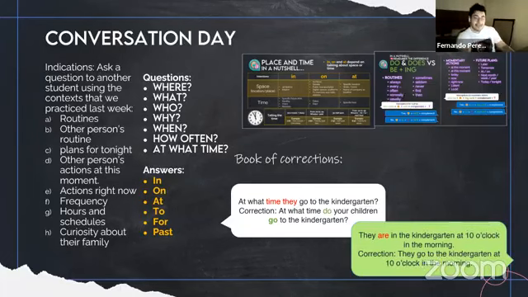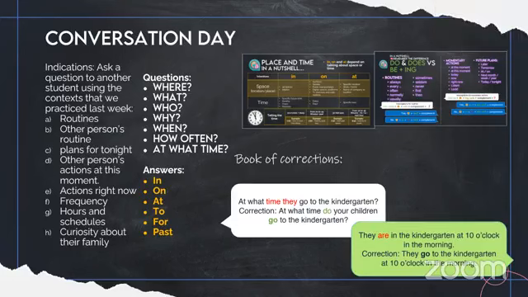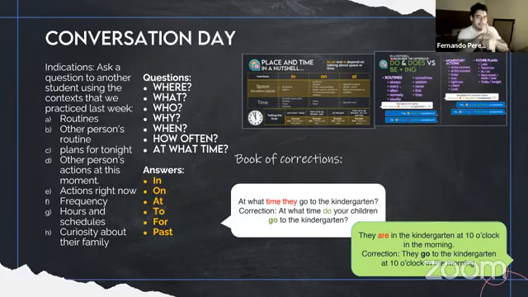Perfect, because it's different to say they are versus they go to. Yes, teacher. And probably there is a time difference. For example, they go to the kindergarten at 10 o'clock and they are in the kindergarten at 11.